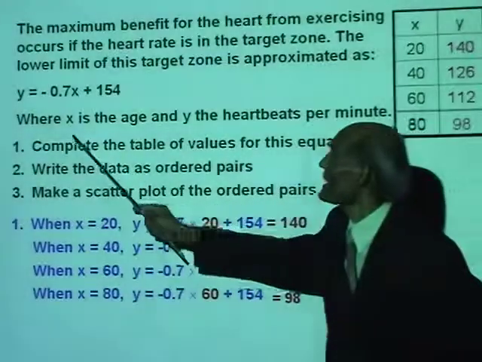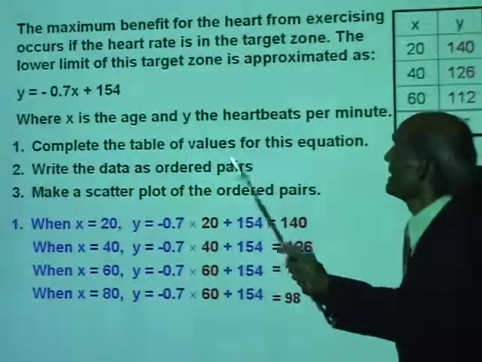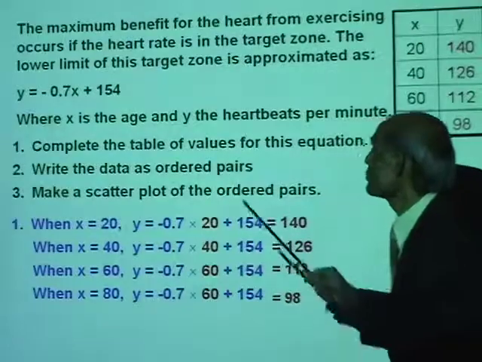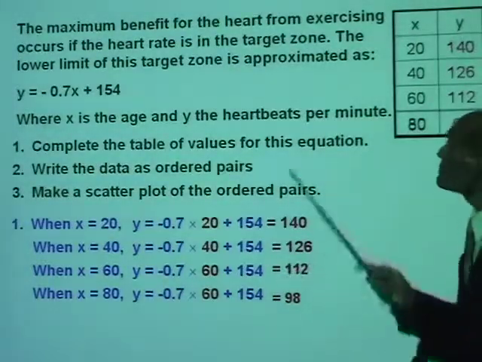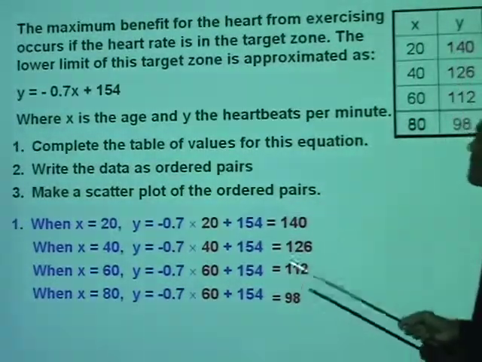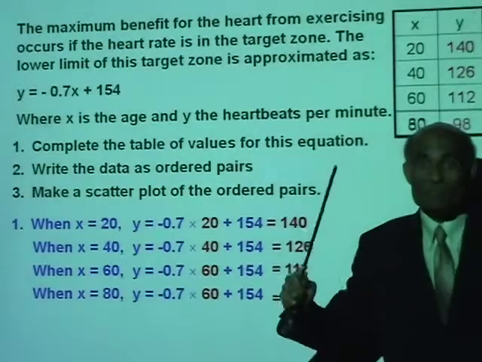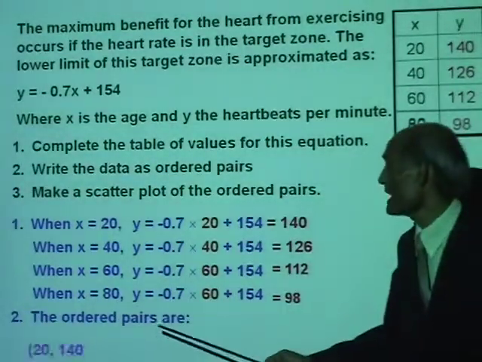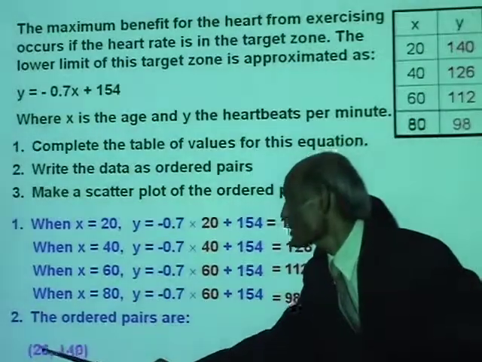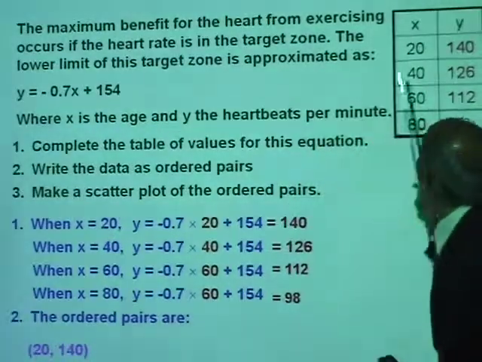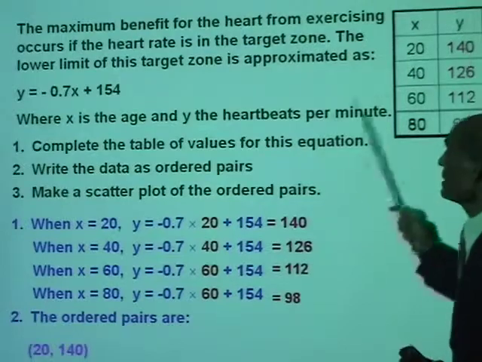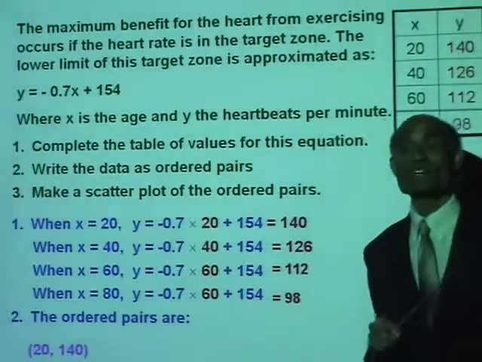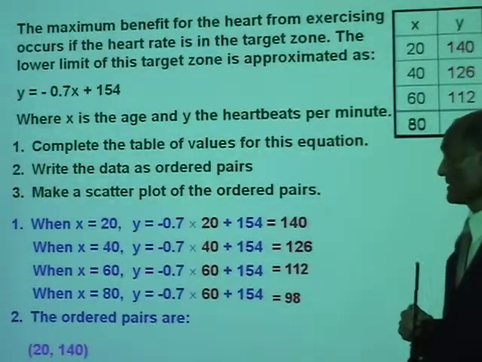Okay, we have done the first task. Write the data as ordered pairs. Well, actually they are written as ordered pairs, but you need to write them in the form. How? Well, look at this. The ordered pairs are parenthesis 20, 140. X equal to 20, y equal to 140 is the first ordered pair.